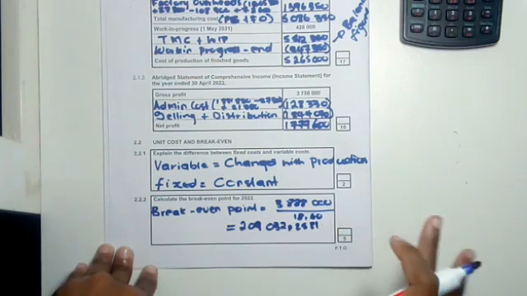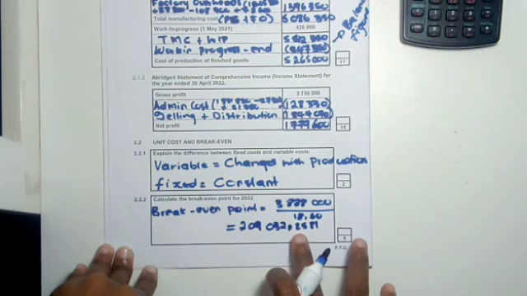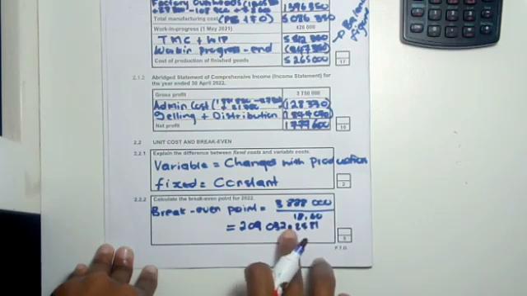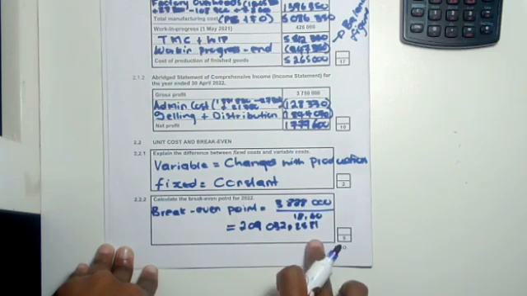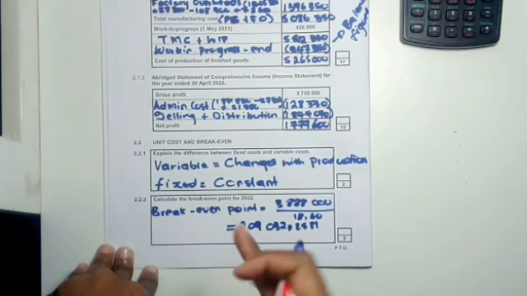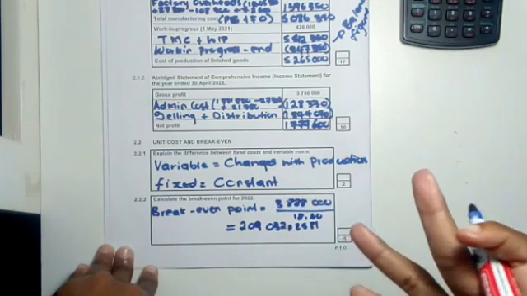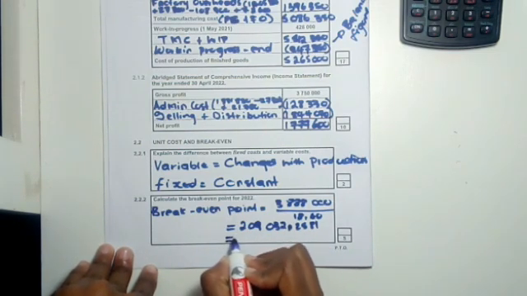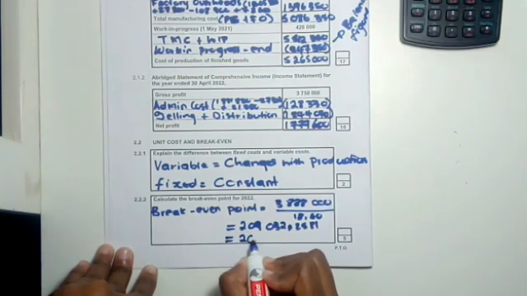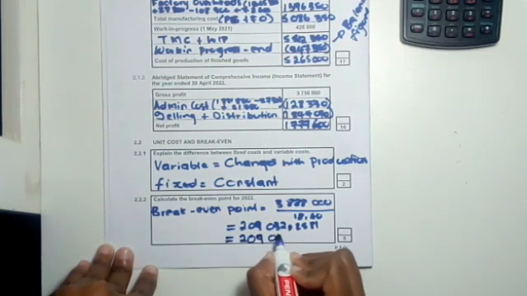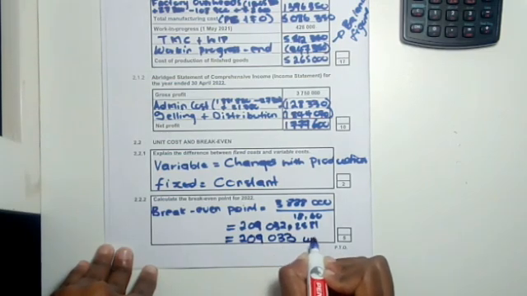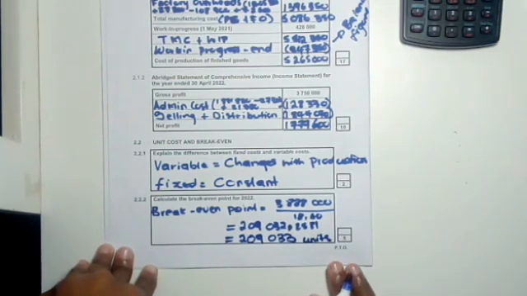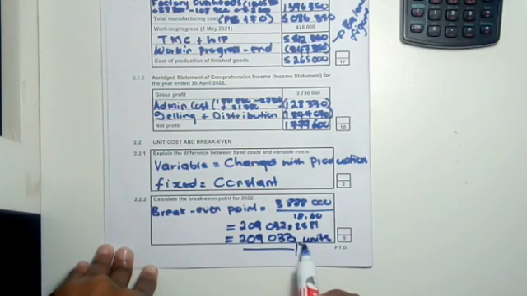It kind of defies the rules of rounding off a little bit, because usually when it is a 2 after your comma, you will just leave this at 32. But because we need this half a unit or this quarter of a unit, without it we are not actually breaking even. So we would rather produce that one more unit to make sure that we are not making a loss. So when you round it off, it will be 209,033 units. That is your break-even point as a correct answer.